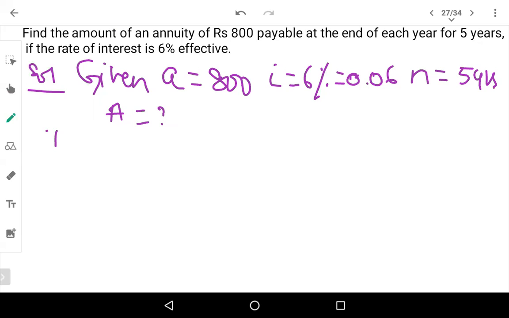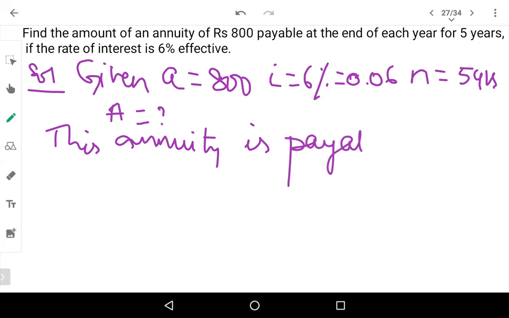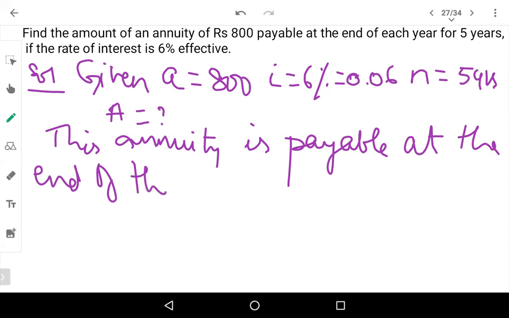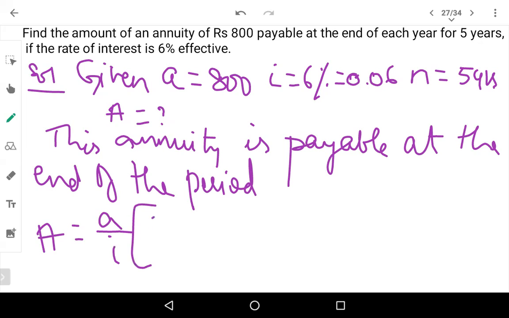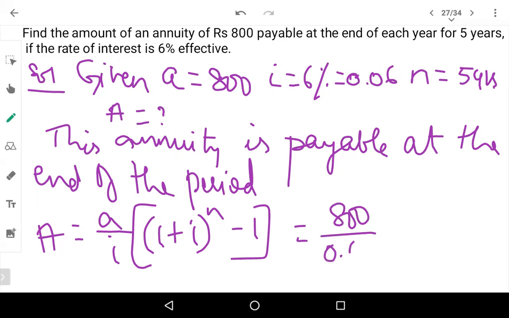So again, this annuity is payable at the end of the period. So what is the formula? A is equal to a by i into (1 plus i) to the power n minus 1. So A is 800 by 0.06 into (1 plus 0.06) to the power 5 minus 1.